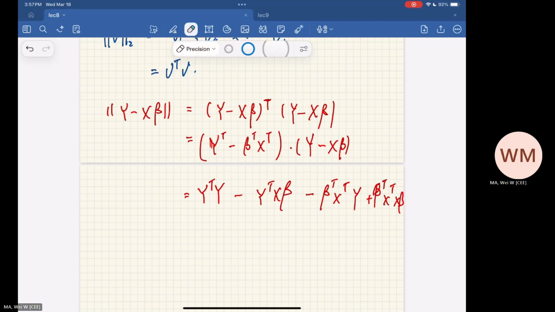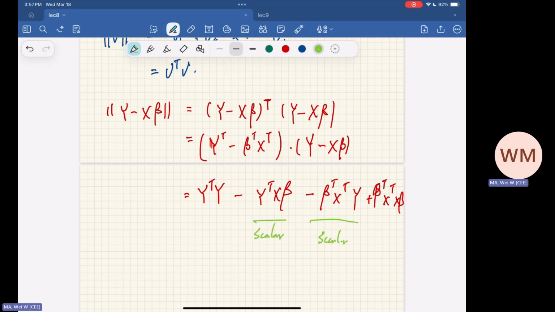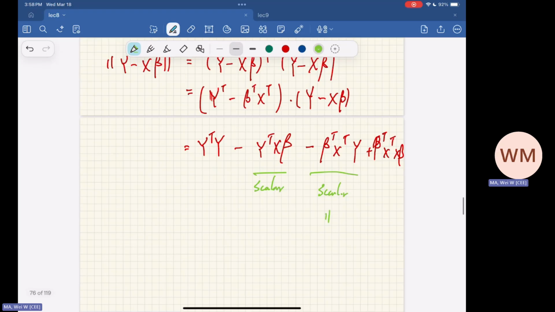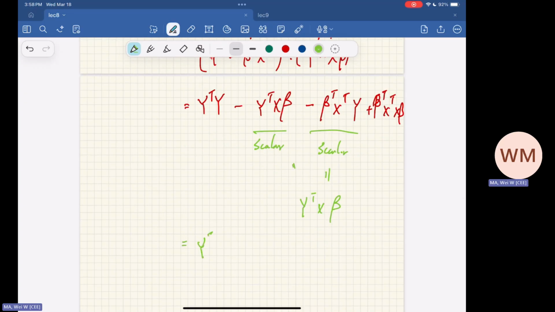So this equals y transpose x beta, because for a scalar, the transpose of 1 is still 1. So you can see these two are the same. Then you get y transpose y minus 2 y transpose x beta plus beta transpose x transpose x beta, something like this.